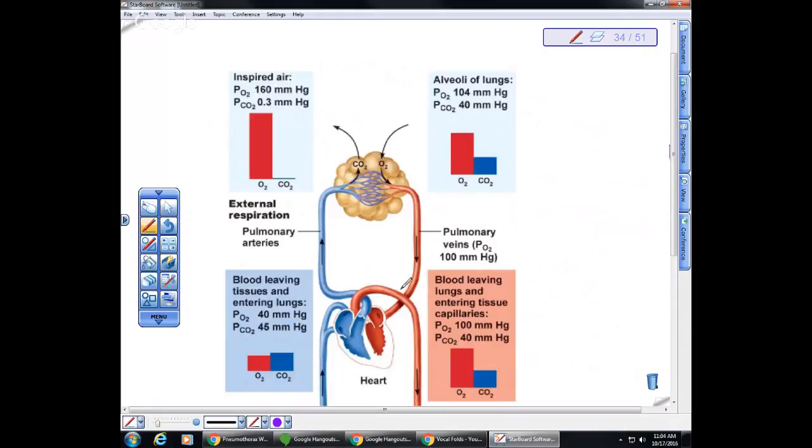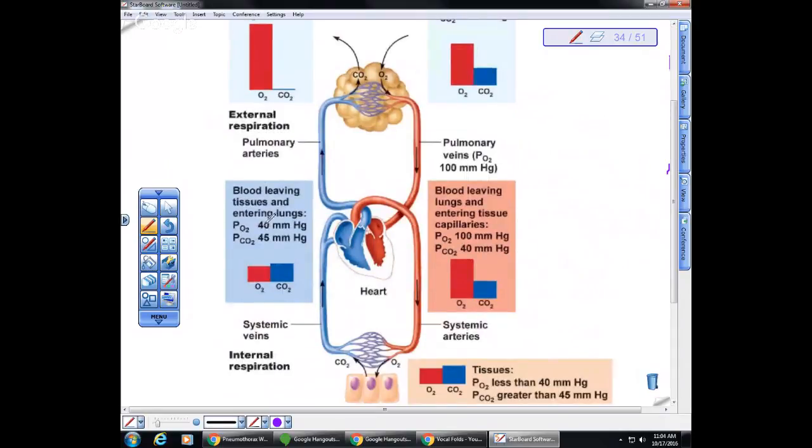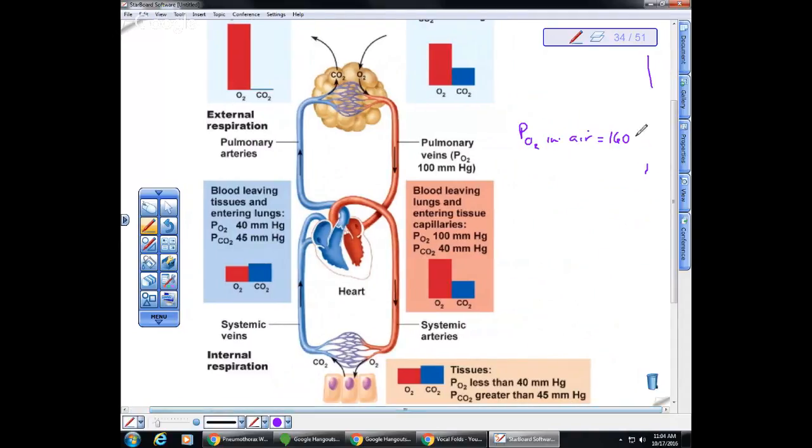And then if we look at the blood coming in to the lungs, we can see that the blood entering the lungs has a partial pressure of 40. Okay, so we could write this down: PO2 in air equals 160 millimeters of mercury.